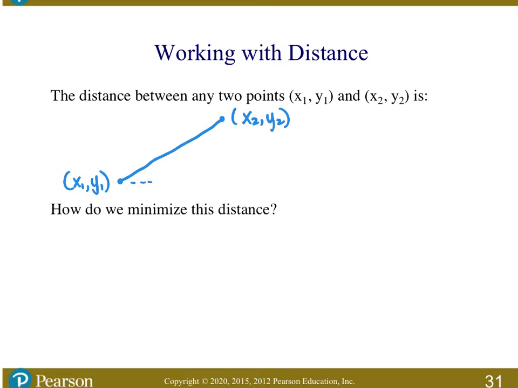Well, we do this by imagining a right triangle. And this right triangle would share the x-coordinate with the dot directly above it, and it would share the y-coordinate with the one directly to the side, so it's x2 comma y1.